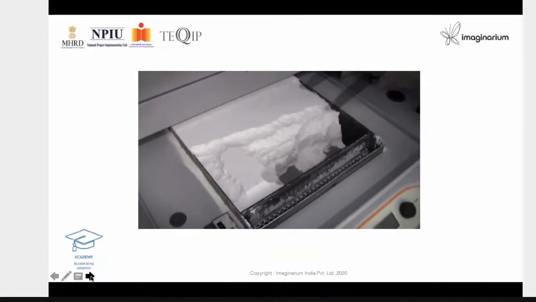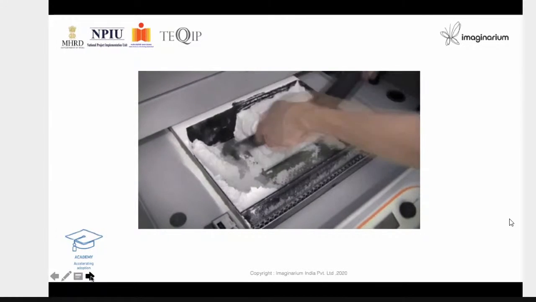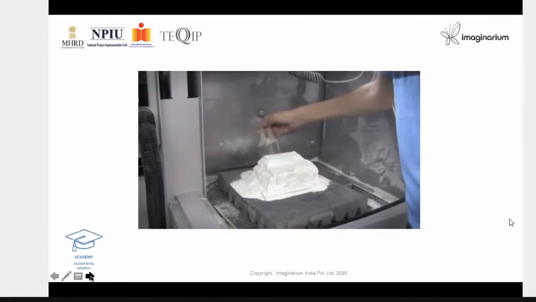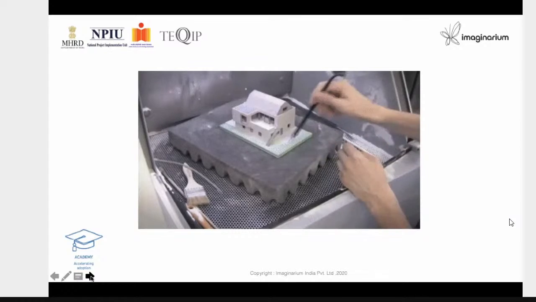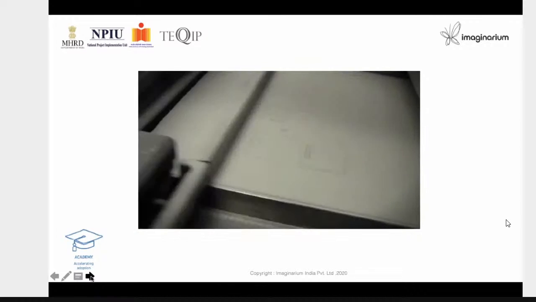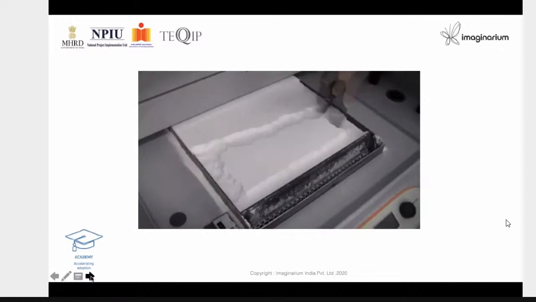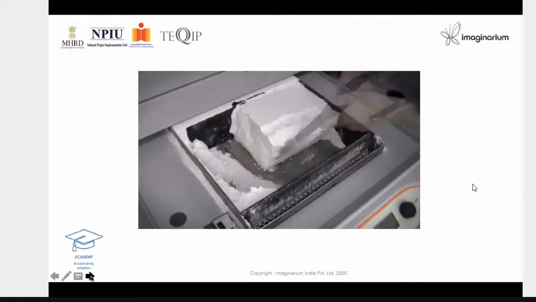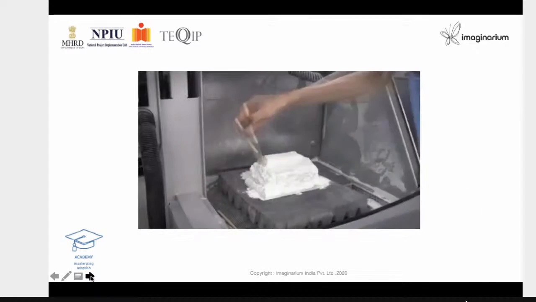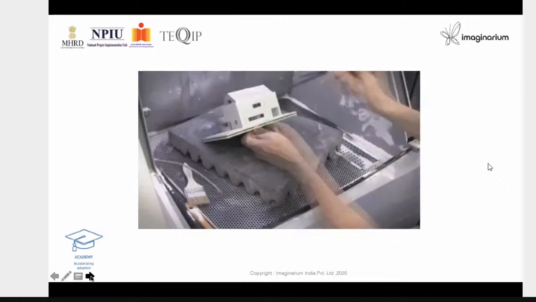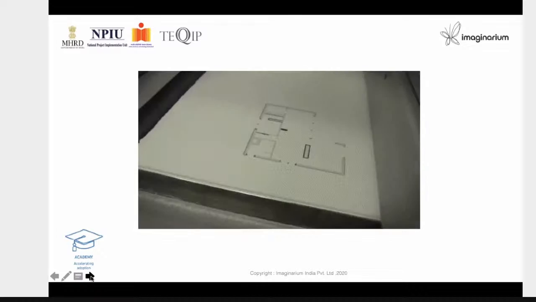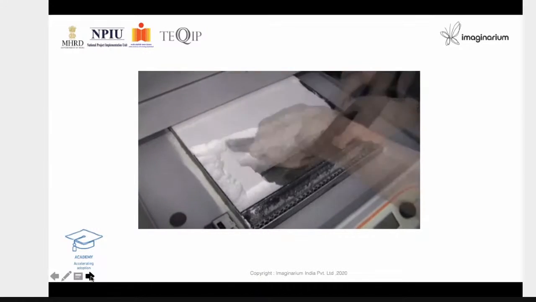Then you just suck out all the powder, eject the table up, and you get the product. That's how it works. It looks very magical, right? So it is very analogous to your SLS, only that here adhesives are holding the powder together. There it was laser, right?